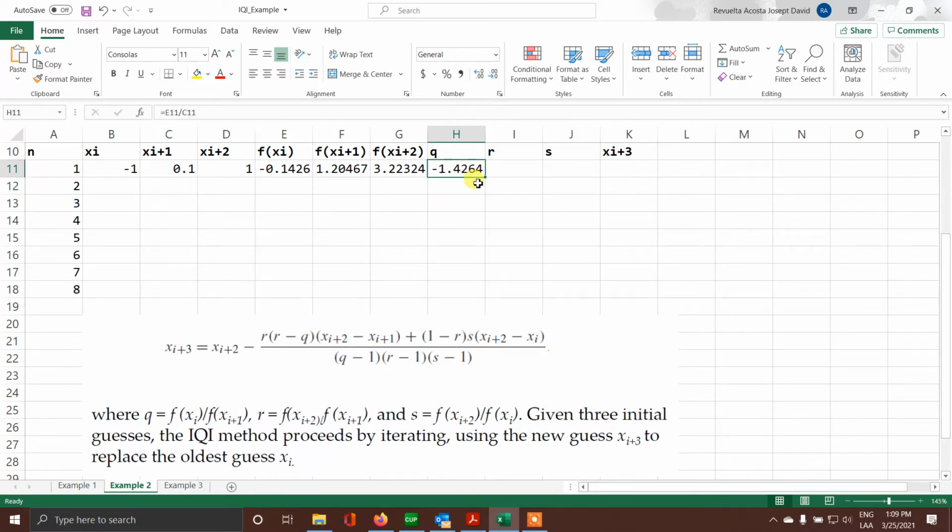So you see it, this is f of xi plus 2 divided by f of xi plus 1. Q is equal to f of xi divided by f of xi plus 1. And then S is going to be equal to f of xi plus 2 divided by f of xi. So you got it here, right? This is f of xi plus 2 divided by f of xi.